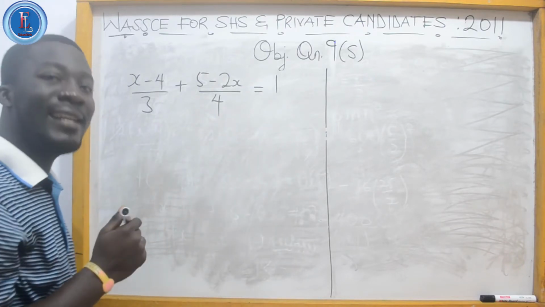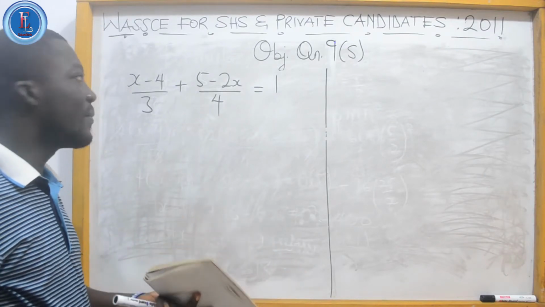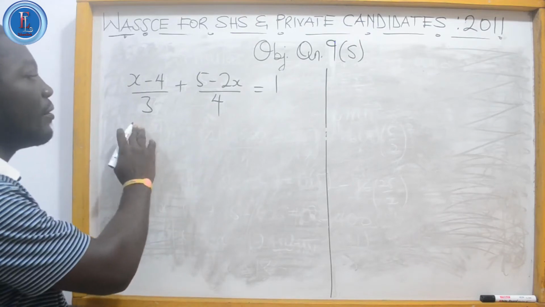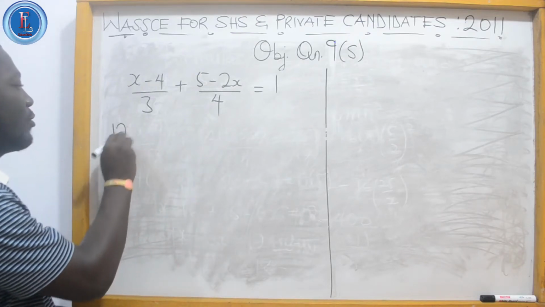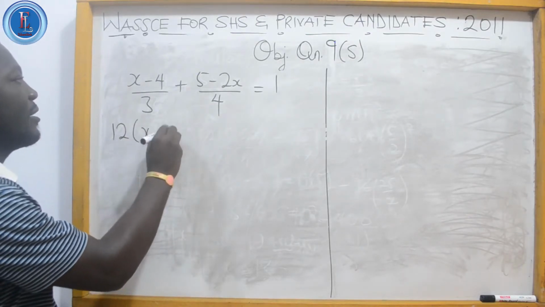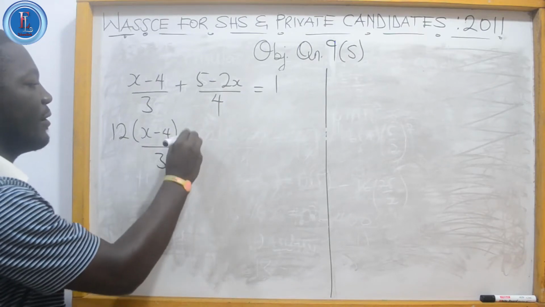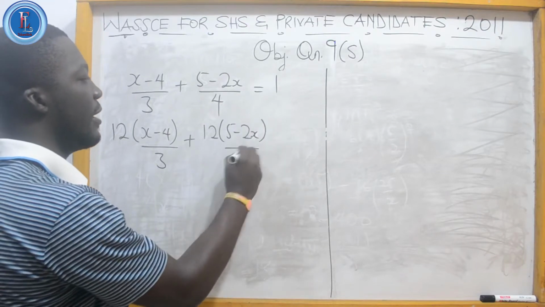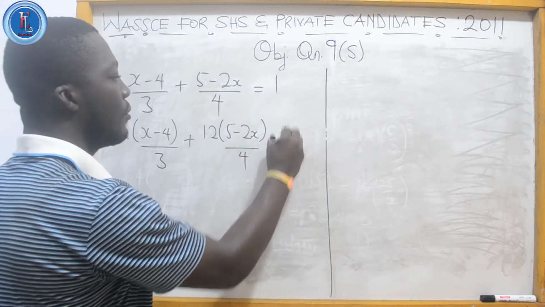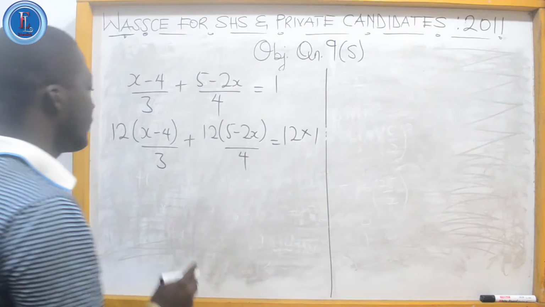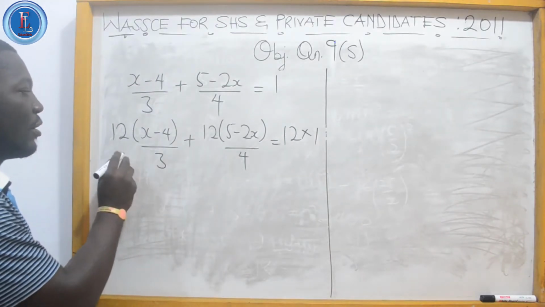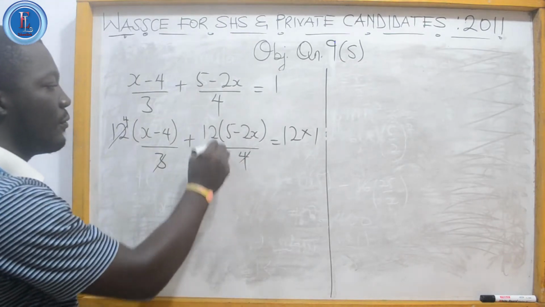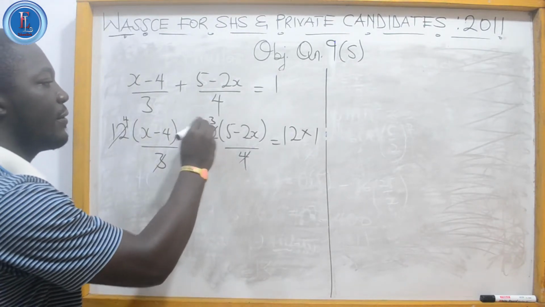So you multiply the least common denominator by the terms we have. So the least common denominator is 12. So you get 12 into bracket x minus 4 divided by 3 plus another 12, 5 minus 2x divided by 4 is equal to 12 times 1. 3 goes into 12 is 4. 4 goes into 12 is 3.